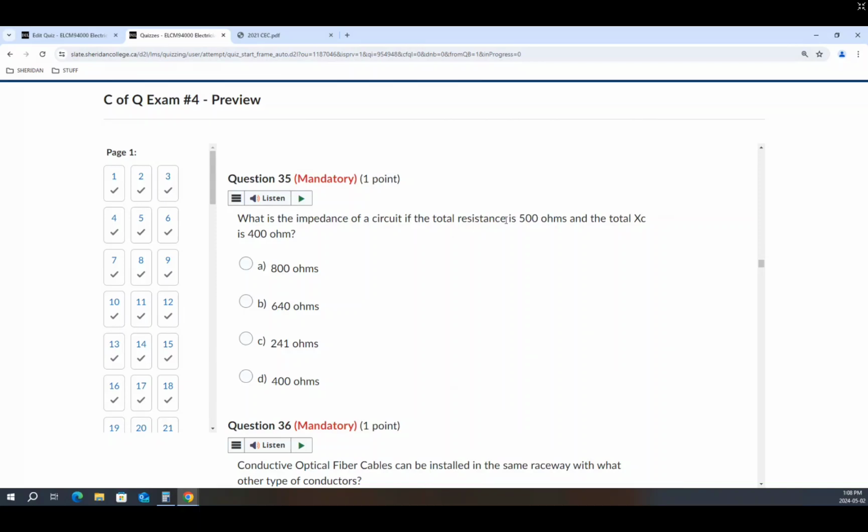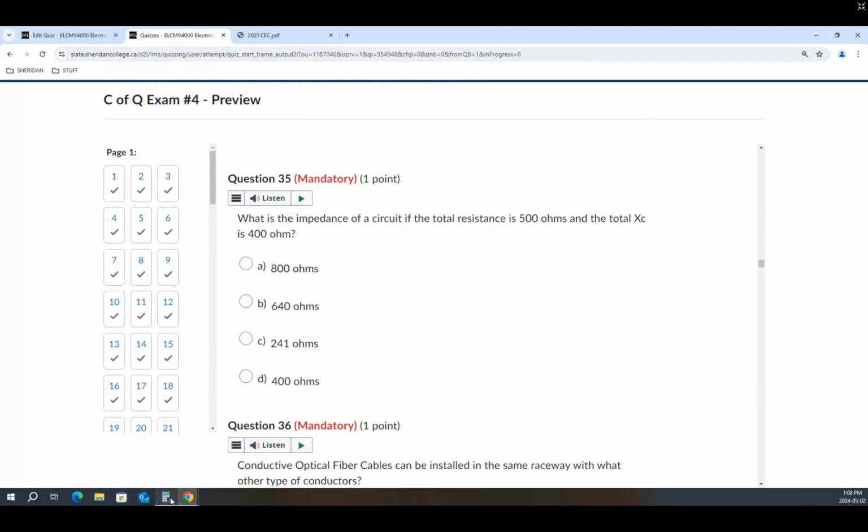So I want to know what's my total. So my total is going to be the square root of the sum of the squares.